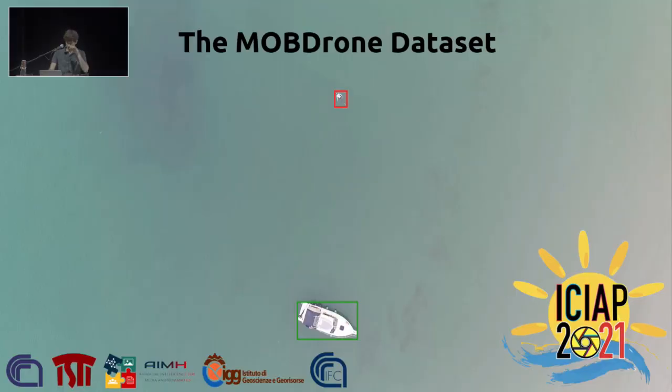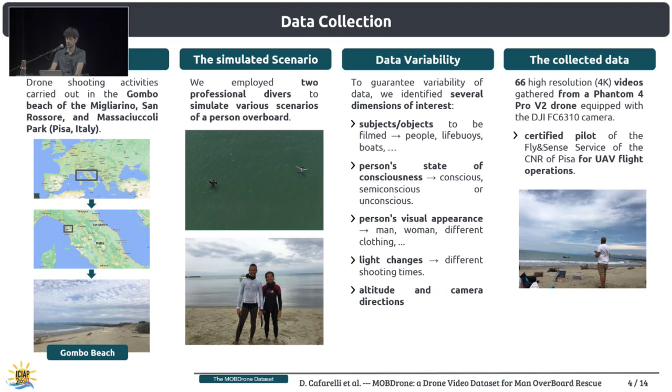So I will now describe our dataset, starting from the data collection phase. About the location, the drone shooting activities were carried out on the Gombo beach of the Migliarino, San Rossore and Massaciuccoli Park of Pisa.